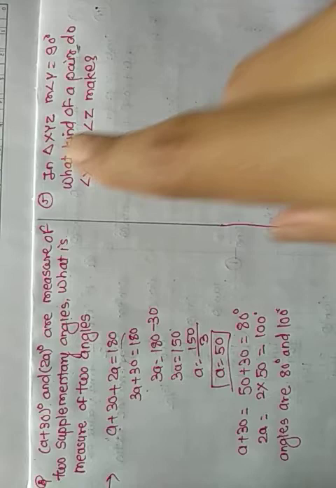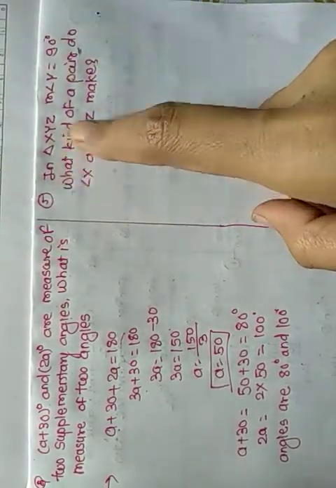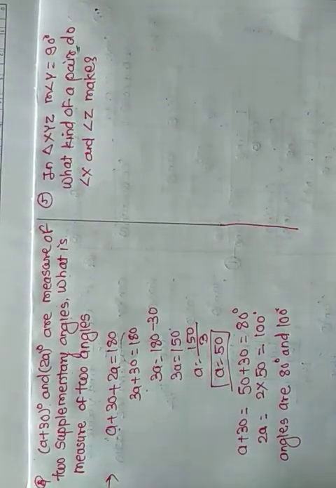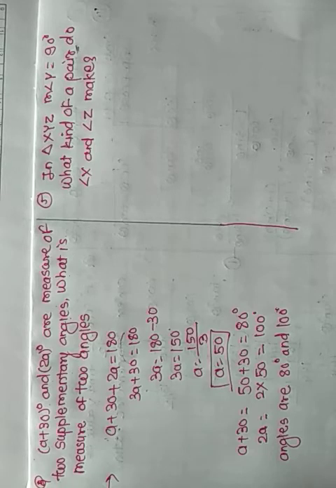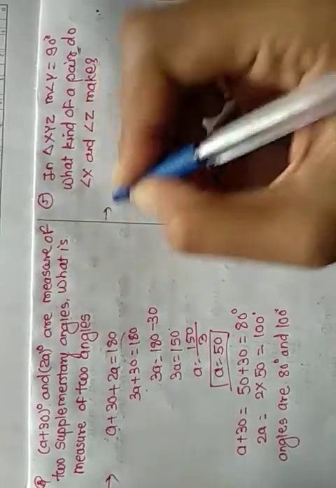Now the next example: in triangle XYZ, angle Y is equal to 90 degrees. What kind of pair do X and Z make? Let's see here.